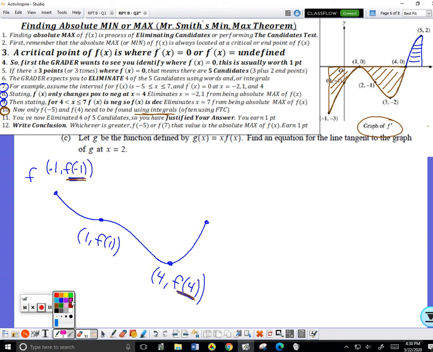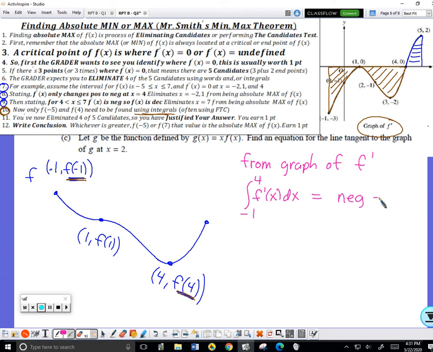So you could say this on your paper. You could say, let's see, from graph of f prime, the integral from negative 1 to 4 of f prime is going to be negative for sure.